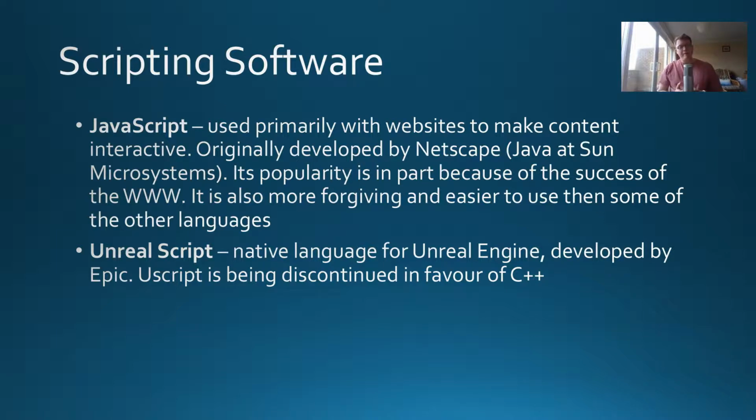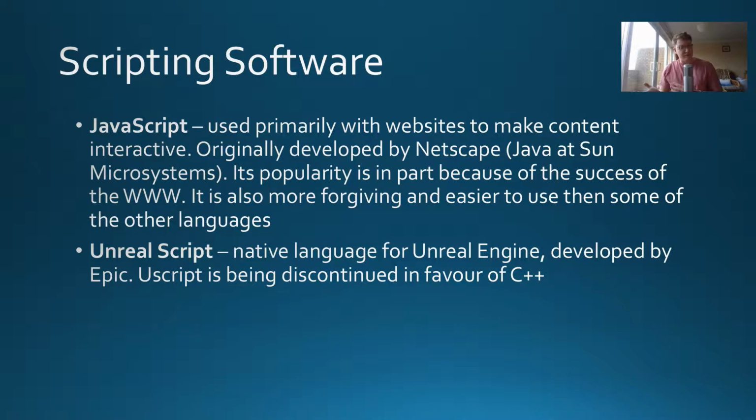Unreal Script was developed for Unreal Engine. Now, despite this being in the spec, and at the time that the specification was released, this Unreal Script was being used. It has since become discontinued. So it's a bit of a funny one, really, because if you try to describe what Unreal Script was, ultimately you won't need to go into too much depth with it because it's not being continued.